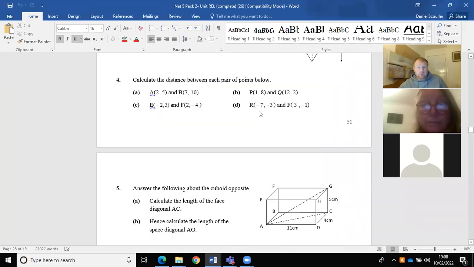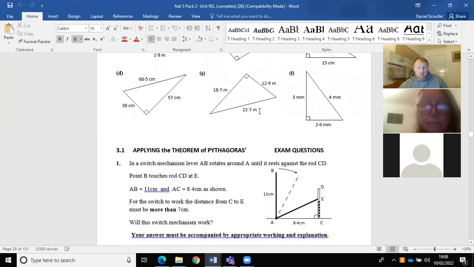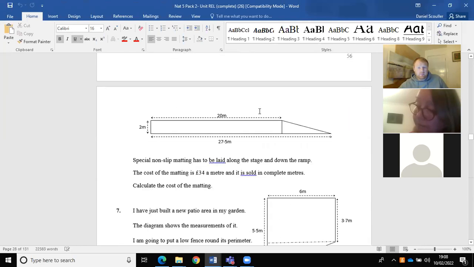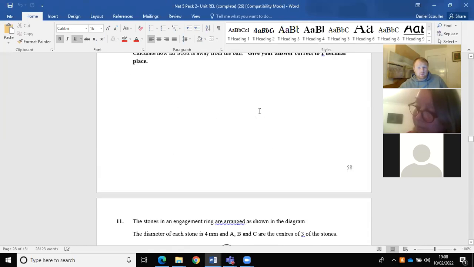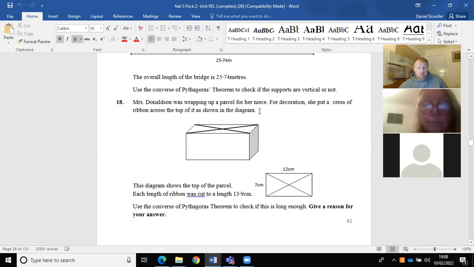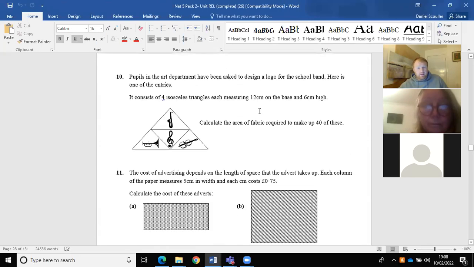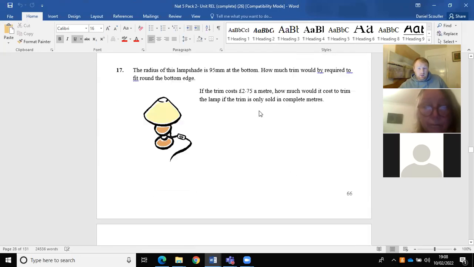So that's the stuff we were doing on Tuesday, Pythagoras, some of that. Here's a wee bit.